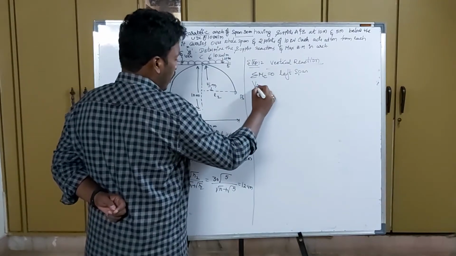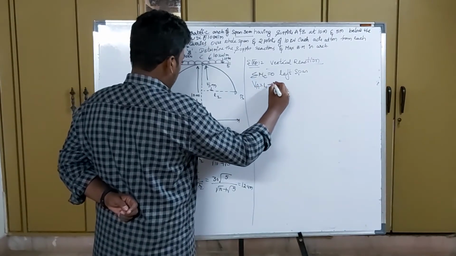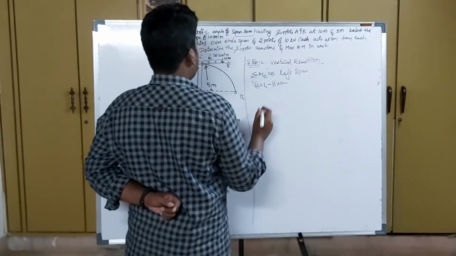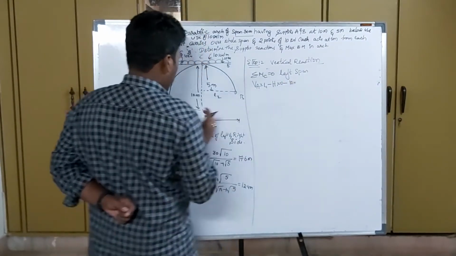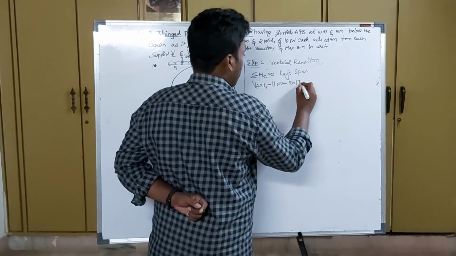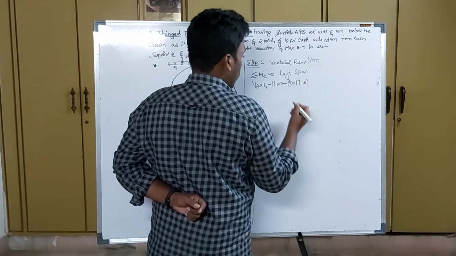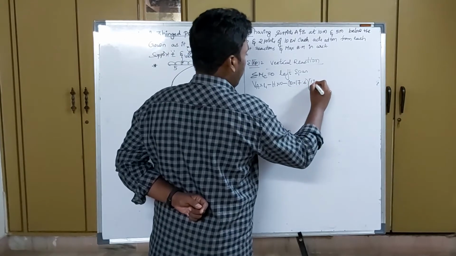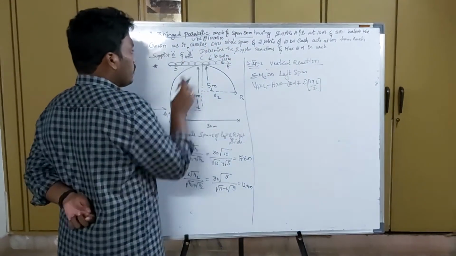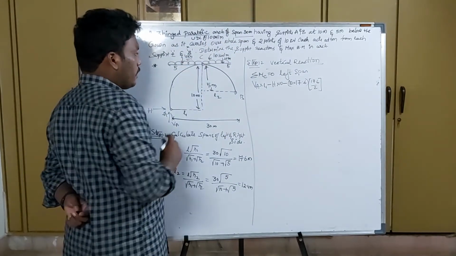Therefore, VA into L1 minus H into 10 minus 10 into the perpendicular distance over this point is 17.6. So 17.6 is the load into 17.6 divided by 2 is its perpendicular distance, and there is another point load which is acting over here.